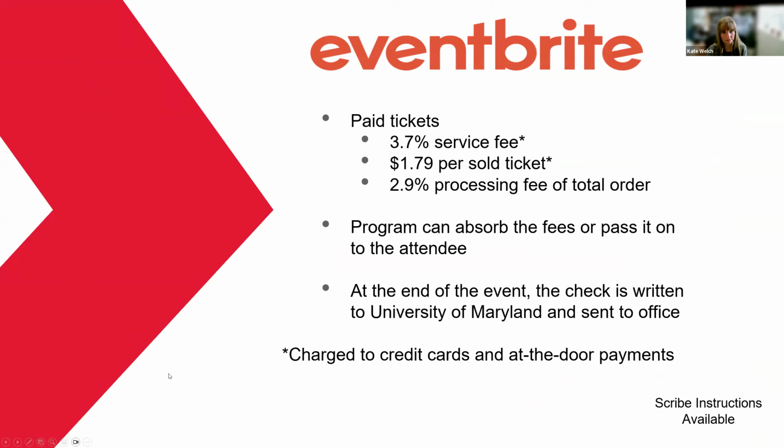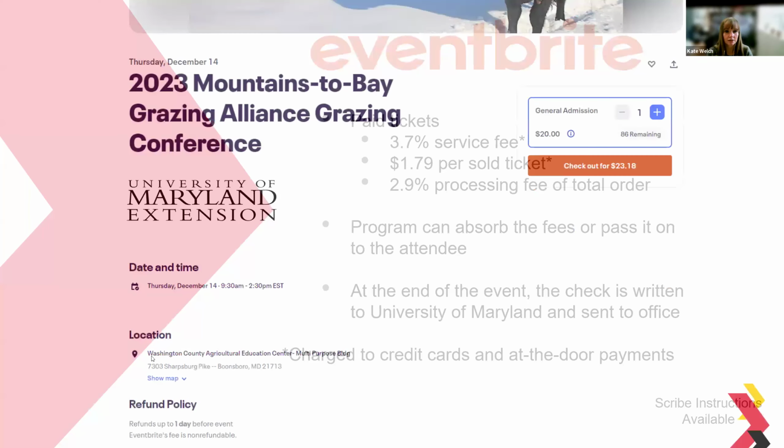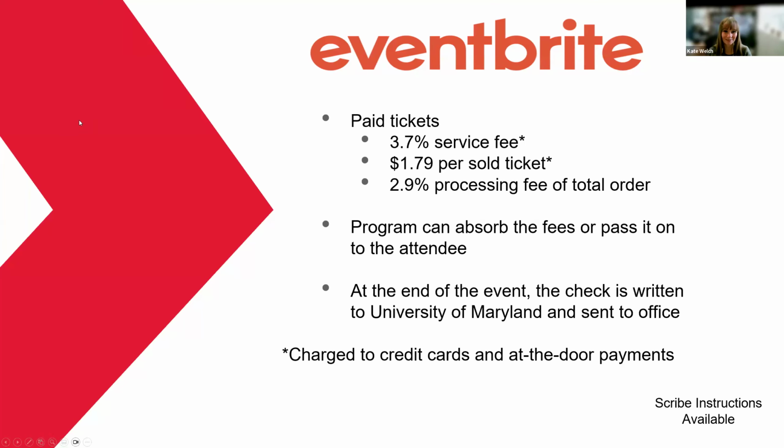For paid tickets, they do have several fees to process those payments on their site. When setting up your account, it's recommended to have one per office, and then add users as you need them.